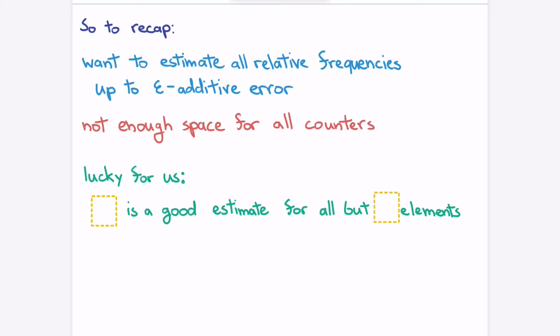But I'm saying that if you're allowing for epsilon additive error, then I can argue that implicitly, at least, the output could be small enough to fit on a computer. So really, you just want a data structure that's able to say, here's an element, you return a number, right? So you don't actually have to have all the counters explicitly. So basically, I'm saying that for this problem, there's always a sparse solution, a solution that can be expressed with very little data, not proportional to the number of elements.